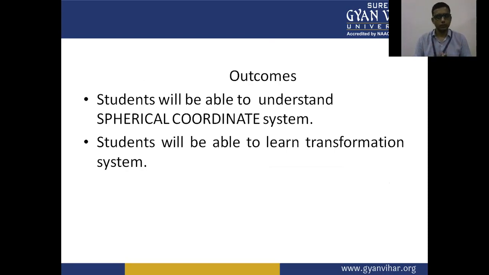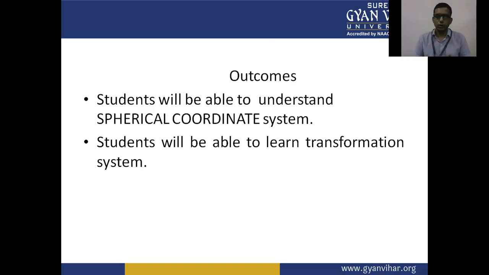Up to this point, we have already studied the rectangular and cylindrical coordinate systems. So students will understand the relationship between all three coordinate systems. After studying the spherical coordinate system, the concepts of rectangular, cylindrical, and spherical coordinate systems will be clear.